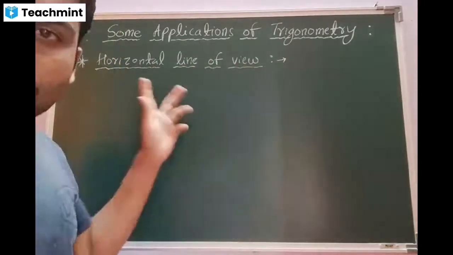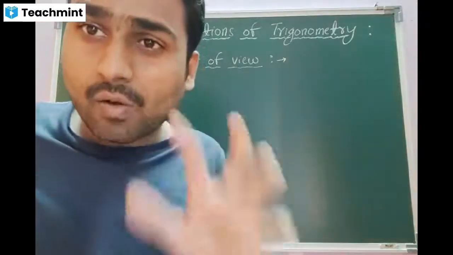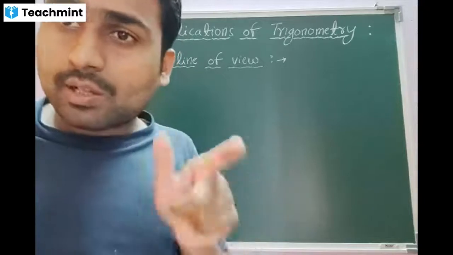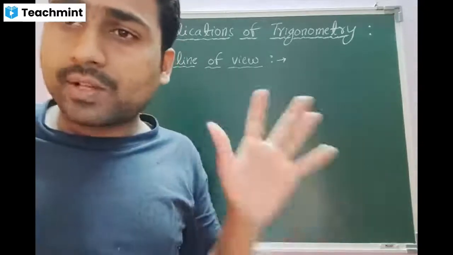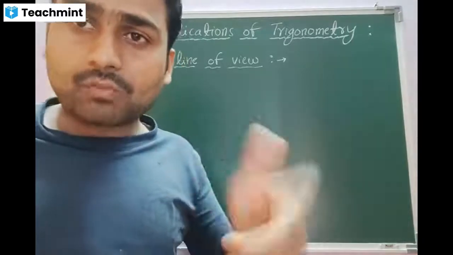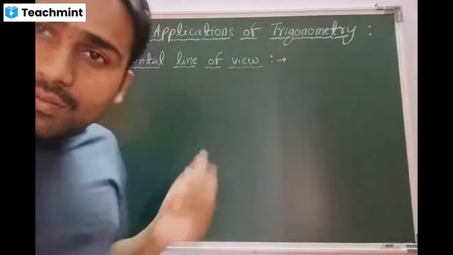Beta, this particular concept is the heart of the entire chapter. Without the horizontal line of view, we cannot proceed further to get the angle of elevation and the angle of depression. Got it, beta? Yes, sir.